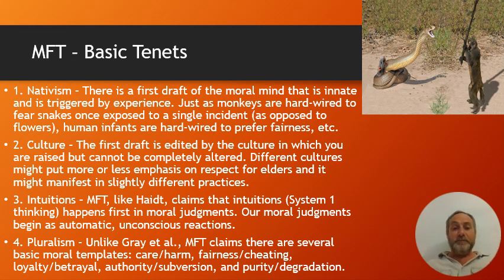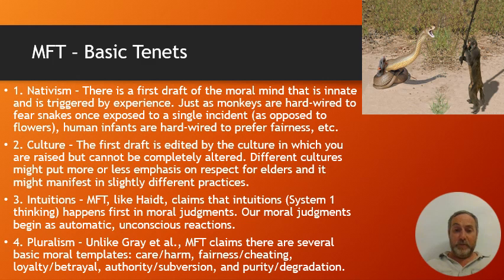And then number four, it's a pluralist theory. So unlike Gray et al.'s theory that harm is the basis, MFT says there are several basic moral templates. They should be familiar because Haidt talks about these too. So care and harm is one, but also fairness and cheating, loyalty and betrayal, authority and subversion, and purity and degradation. So they agree with Haidt on that point, and disagree with Gray and colleagues.